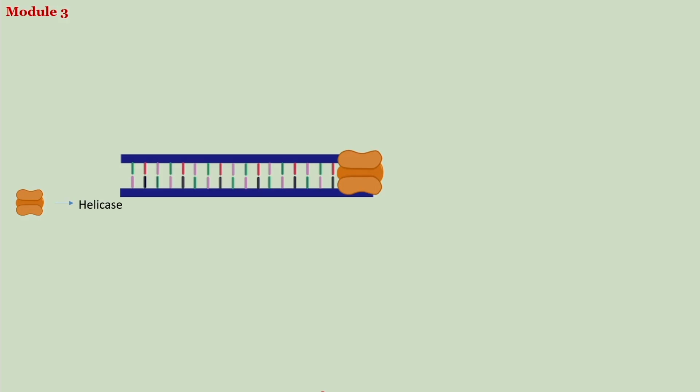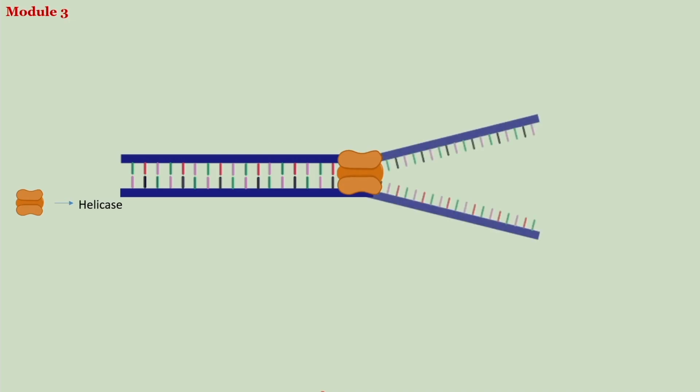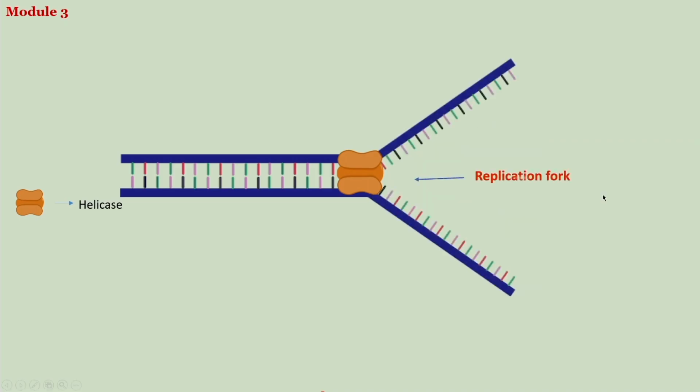The enzyme helicase comes, binds to the double stranded DNA, and helps open up partially the double strand into two single strands, and it looks like a fork.